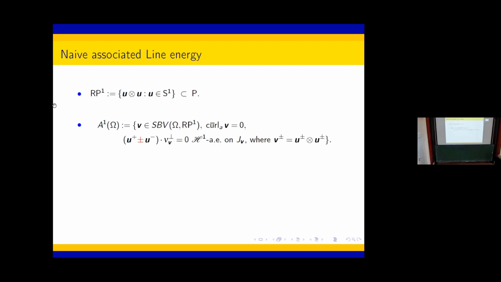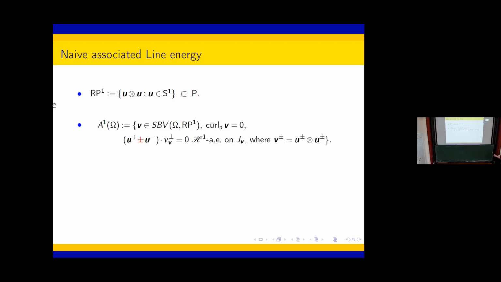On jumps, if v is given by u plus and u minus on both sides of the jump, I have u plus minus u minus dot this equals 0 in the Aviles-Giga model.